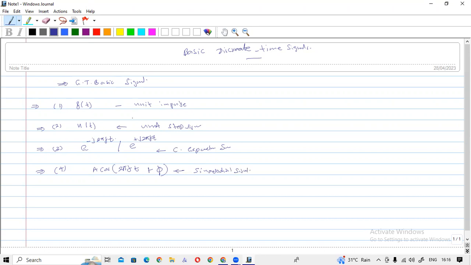Can you remember why these are called basic functions or basic signals? Can you answer that question? Why are these called basic signals?